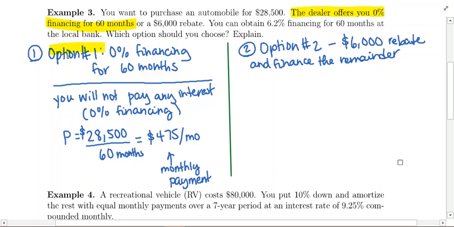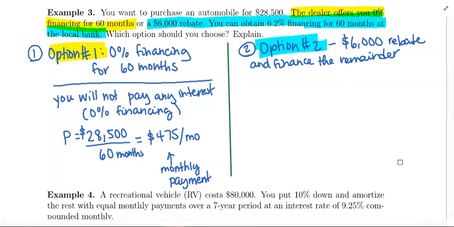I should have highlighted option 1 in yellow over here. Option 2, I'll put in teal, and we'll highlight the details in teal. So we're going to have a $6,000 rebate, and then you are going to have to do some financing. You can get a deal at a local bank for 6.2% financing for 60 months. Let's talk about how that is going to work if you went with this option.